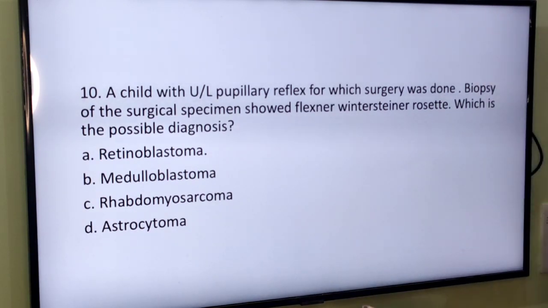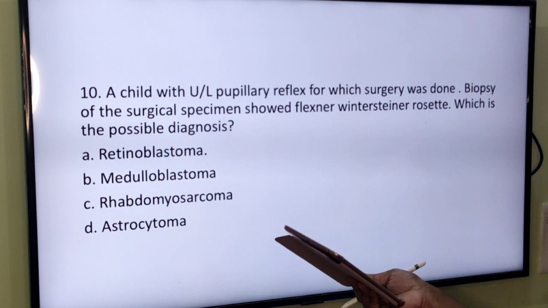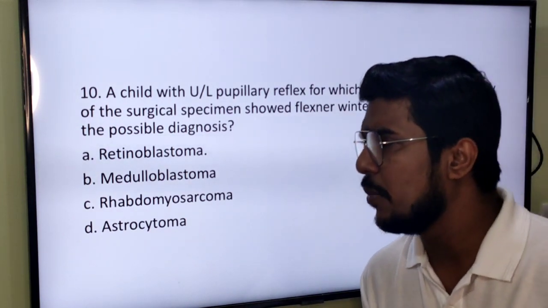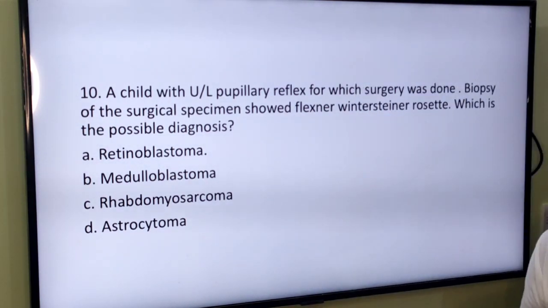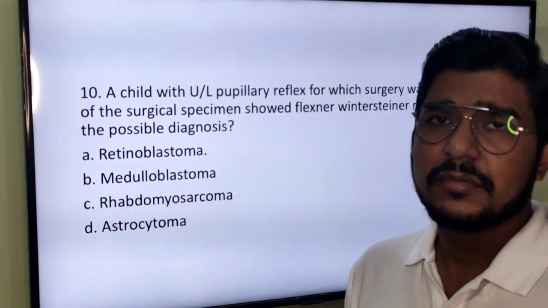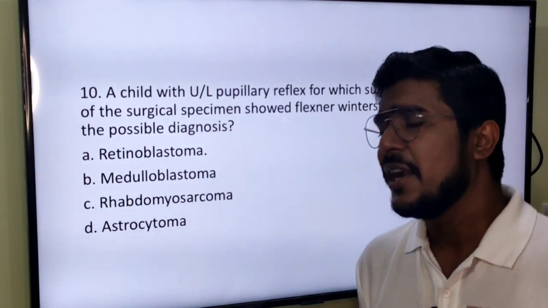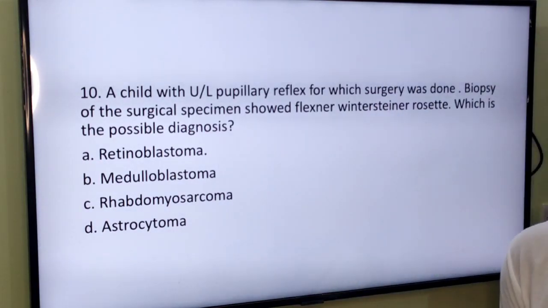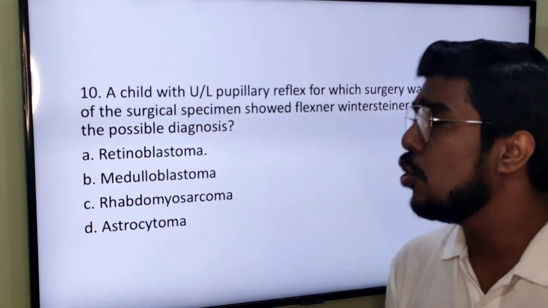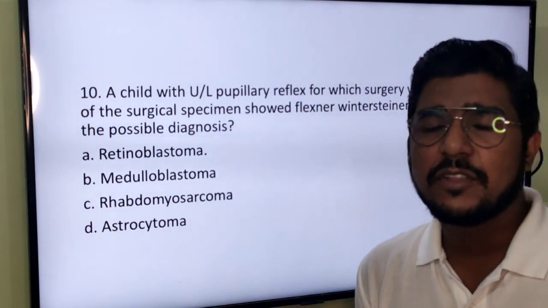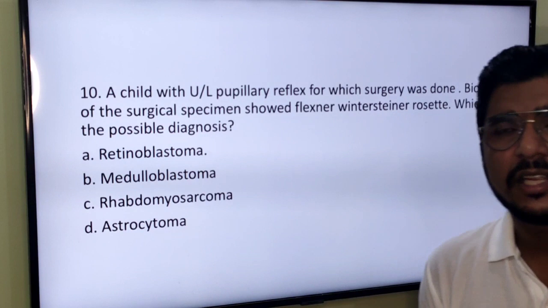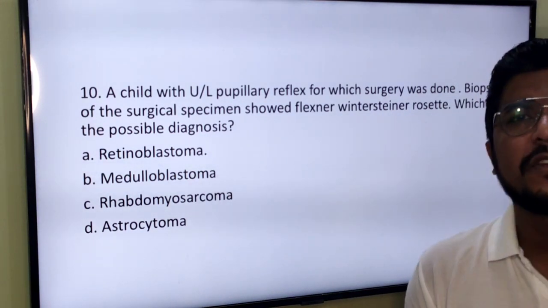You can see Flexner-Wintersteiner rosettes in retinoblastoma, medulloblastoma, rhabdomyosarcoma, and astrocytoma. Obviously, retinoblastoma will show them. Retinoblastoma is the most common. Don't go by just the unilateral. They can have a unilateral pupillary reflex. It's not compulsory that they will always be bilateral.